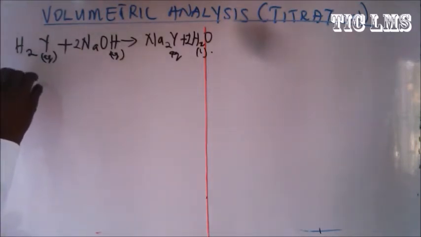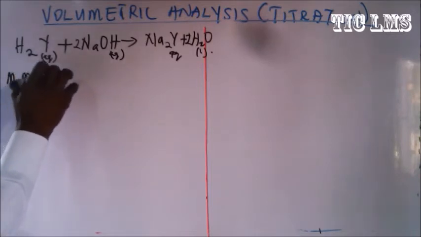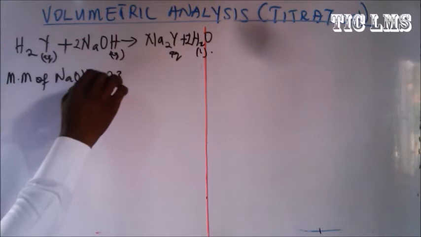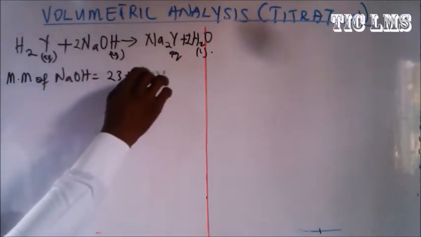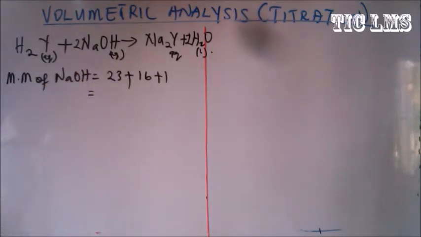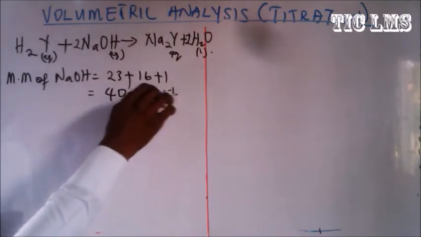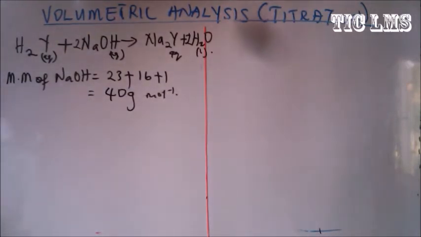So the molar mass of sodium hydroxide, sodium is 23, oxygen is 16 plus 1. And when we add all this, it produces 40 grams per mole of sodium hydroxide.